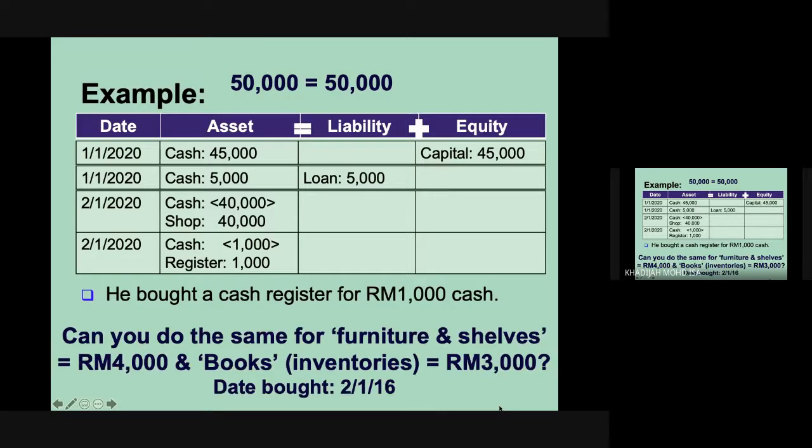Right? Can you do the same for furniture and shelving? Now you buy furniture and shelving that cost you 4,000. When you pay cash, cash is reduced by 4,000, and furniture and shelving, your asset, increases by 4,000. You buy books for 3,000, and of course you pay by cash.